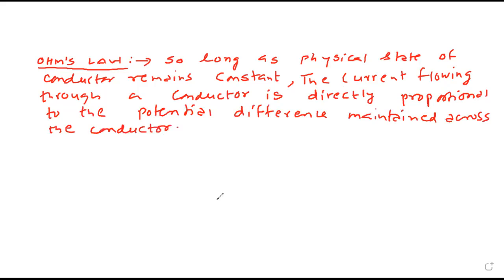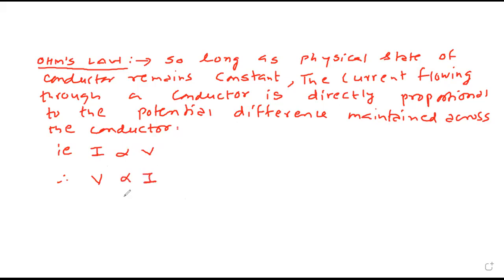So long as physical state of conductor remains constant, the current flowing through conductor is directly proportional to potential difference maintained across the conductor. That is I proportional to V.